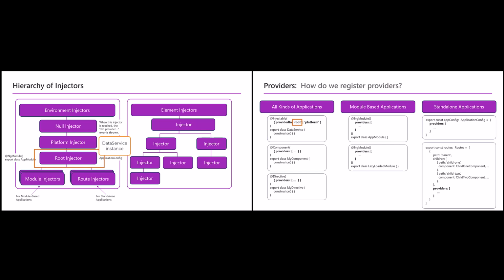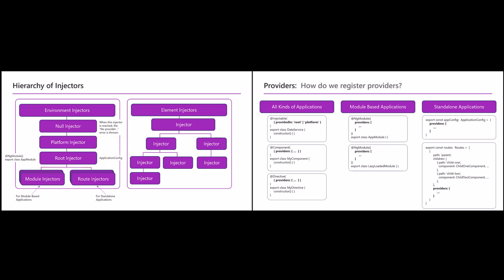And if the service is not registered with its parent, it will look up to either the module injectors for a module-based application or the root injectors for a standalone application. And if a registration for the service is not found at either of those levels, then it will move on to the root injector, where it finds an instance of the service because the service has been registered at the root level. Then the root injector will inject that instance of the service into the consumer.